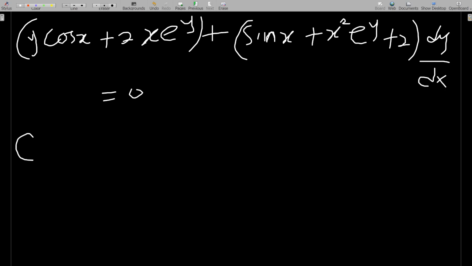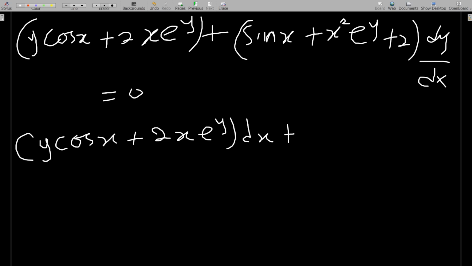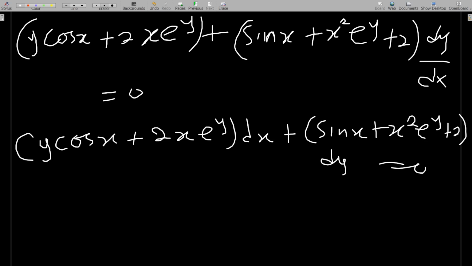So when I multiply through by dx, I have (y cos x plus 2x e to the y) dx plus (sine of x plus x squared e to the y plus 2) dy equals 0. So only this part is multiplying dy.